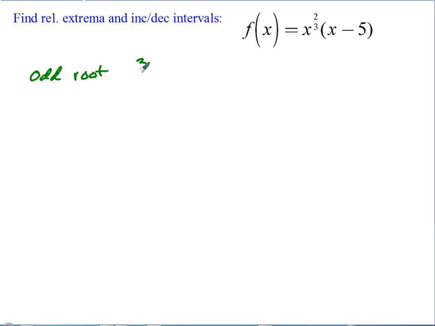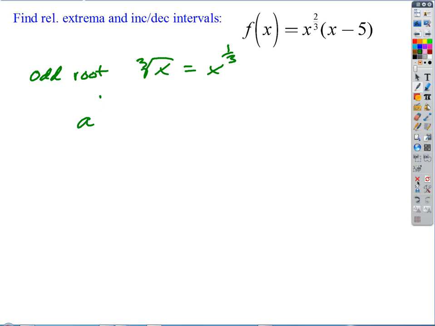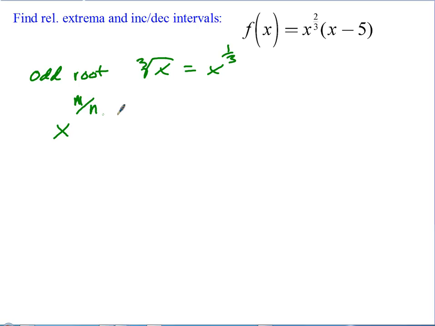For example, the cube root of x is equal to x to the 1/3. So an odd root is going to be the case when we have something like this. If I have x to the m over n, the odd root occurs when the denominator is odd, right?